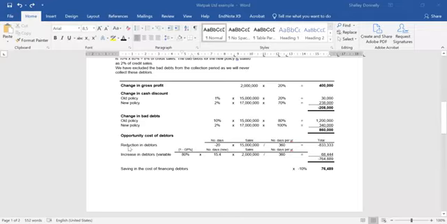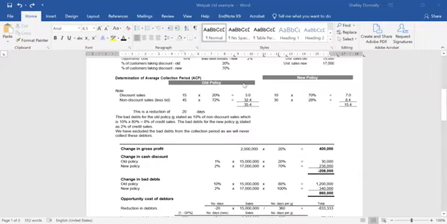So we've got to work out what this new policy is going to mean in terms of the additional or incremental investment in accounts receivable. This is where that initial calculation came in, where we worked out that with the new policy they were going to be carrying receivables for 20 days less than before, because the average collection period is going to be 20 days quicker.